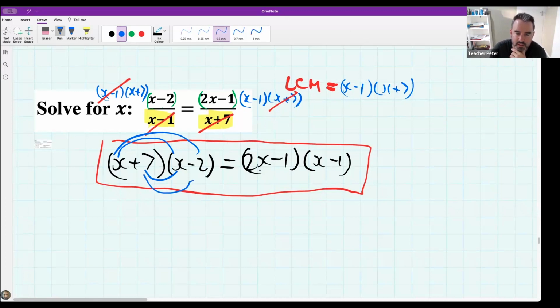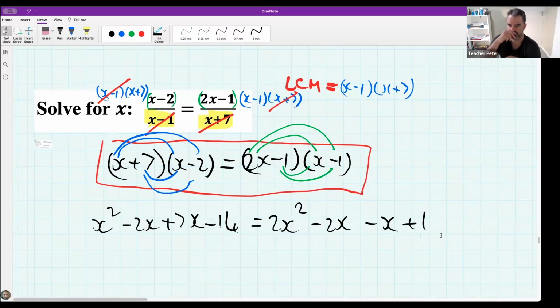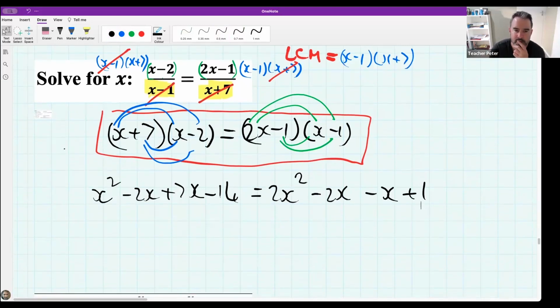I know I'm going to have to multiply these out. I'll give you that tip. So that ends up being x squared, and then minus 2x.